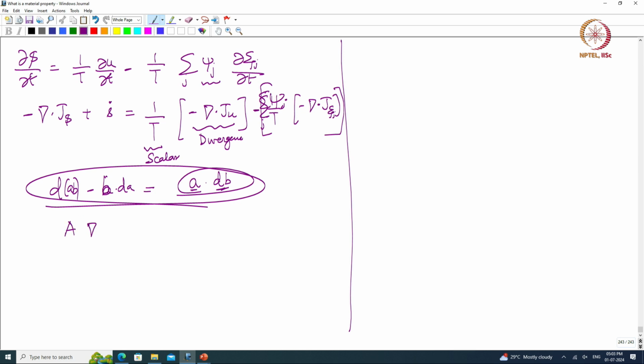So, if A, B, C everything is scalar, but here we have some vectors, and in vectors this just becomes A del dot B equal to minus B gradient of A. Now, here B is a vector and A is a scalar. So, I am always going to look at dot products. If this is a vector, I take the divergence and I just multiply it with another scalar. So, eventually I should get a scalar.